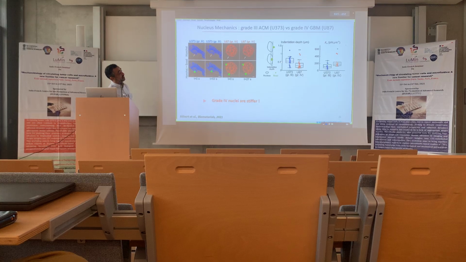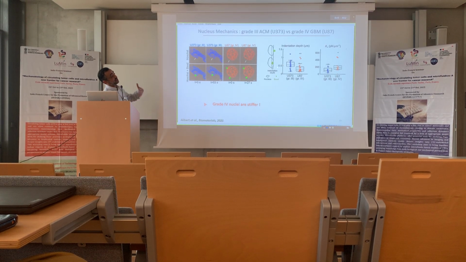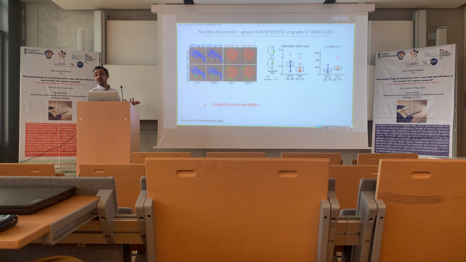So we can have a measurement of either the depth for the force, depth into which we go inside the nucleus, or you can translate this into an apparent stiffness of this nucleus. And what you can see, so here we have the grade 3 in blue and grade 4, and what we end up with, in fact, is that the nucleus is stiffer for grade 4.